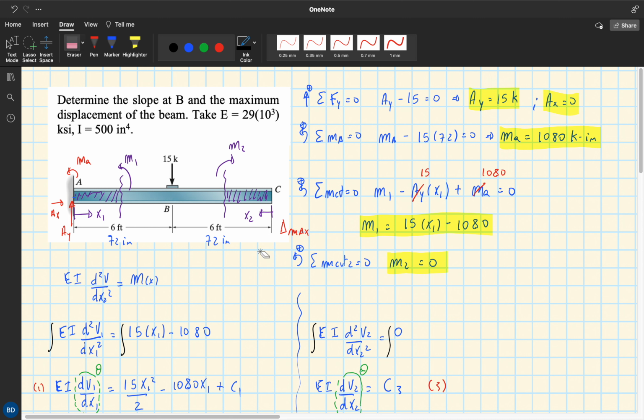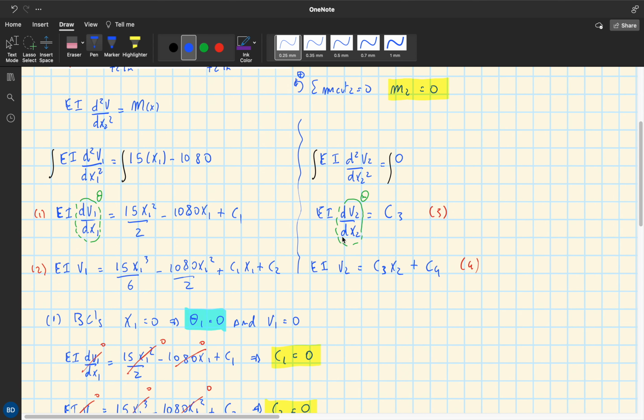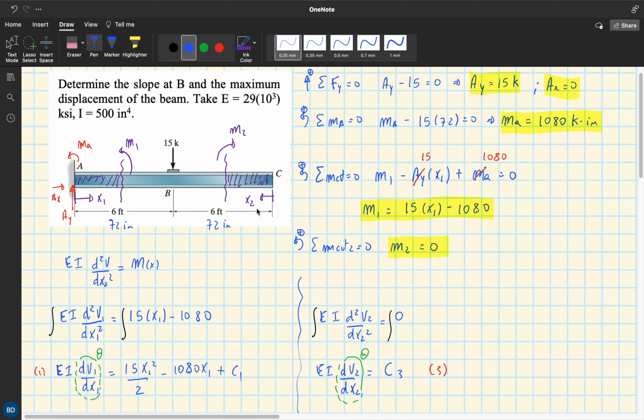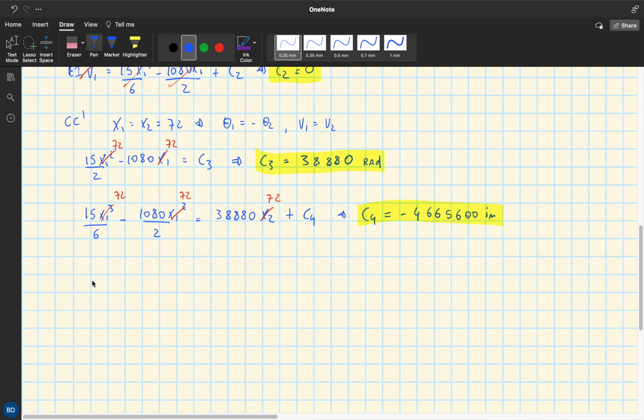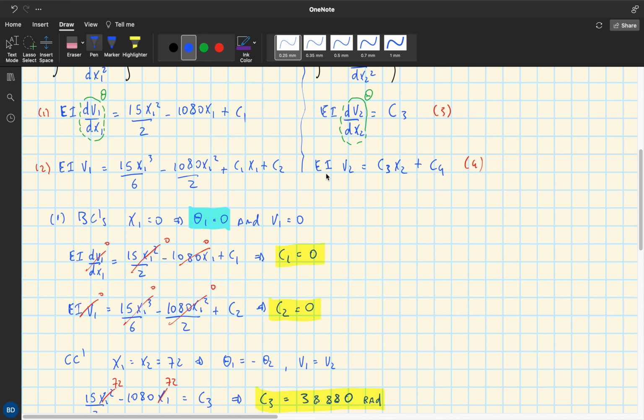And in this case I'm going just to erase so it doesn't get too messy. For the displacement equation, which is the fourth equation, I need to evaluate at point C, which means my x2 is going to be 0. So my maximum displacement is going to be delta, and for this one I'm going to use this equation.